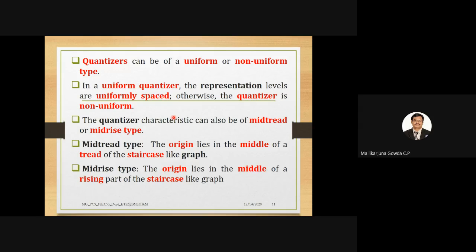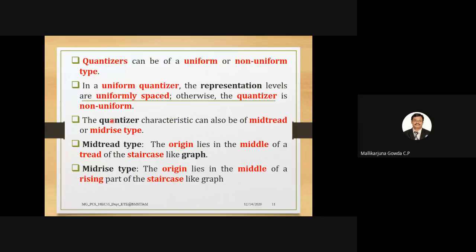If they are not uniformly spaced, then it becomes a non-uniform quantizer. That's all. Hope this point is clear.